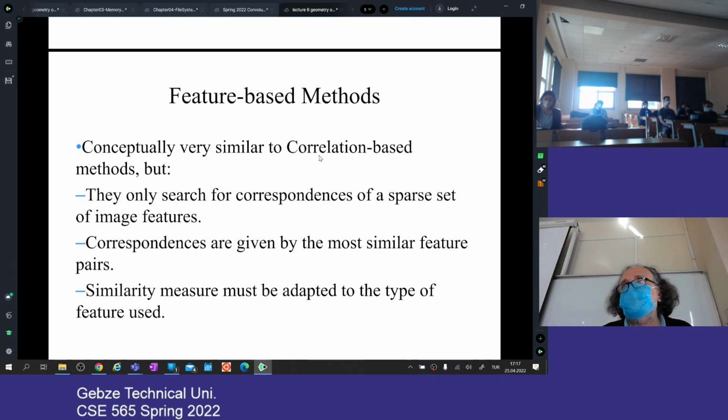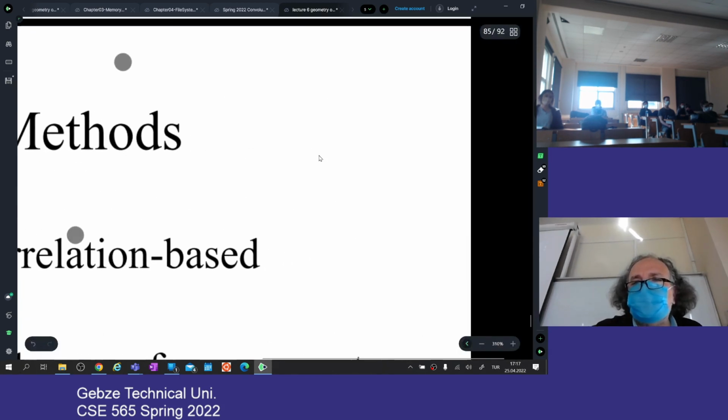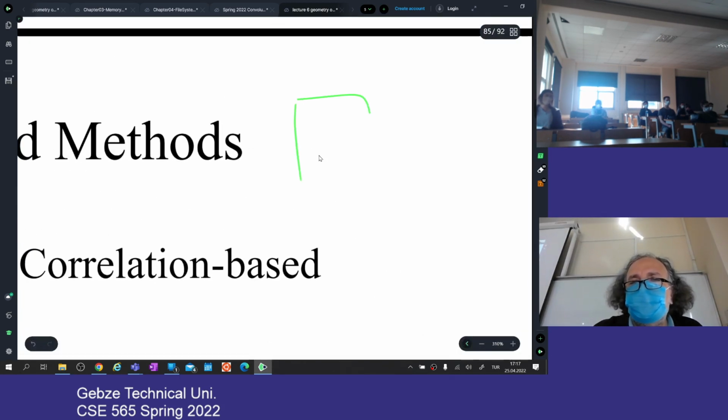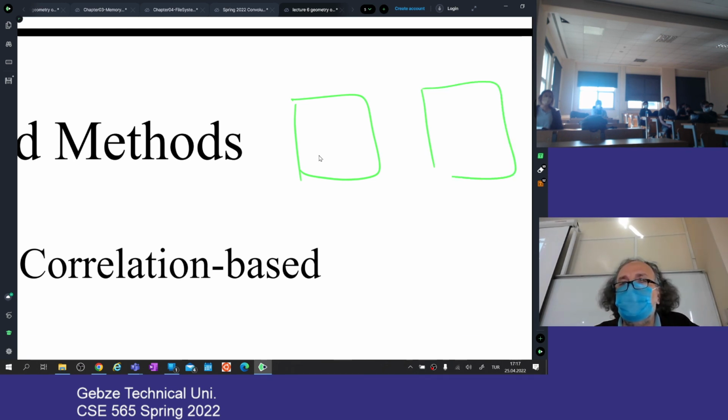I will calculate the disparity or the depth only for certain pixels. If I know that that pixel is reliable, I will calculate the disparity for it. For example, this is my left image, this is my right image, and I rectified them. I know that this line corresponds to this line.